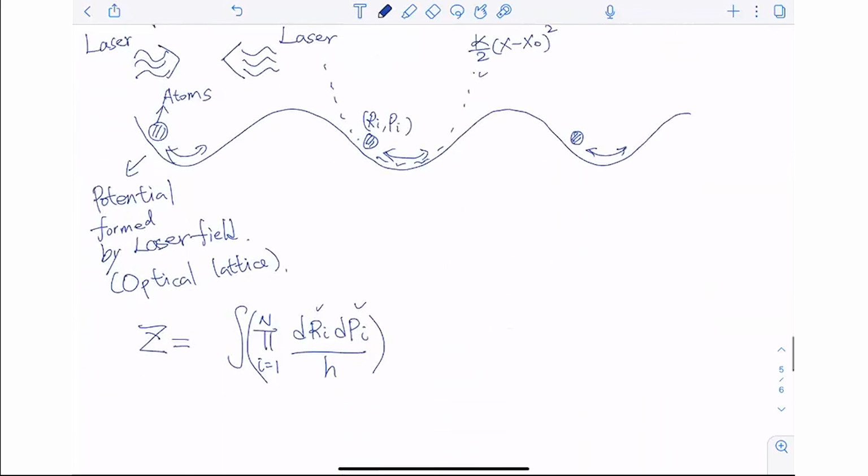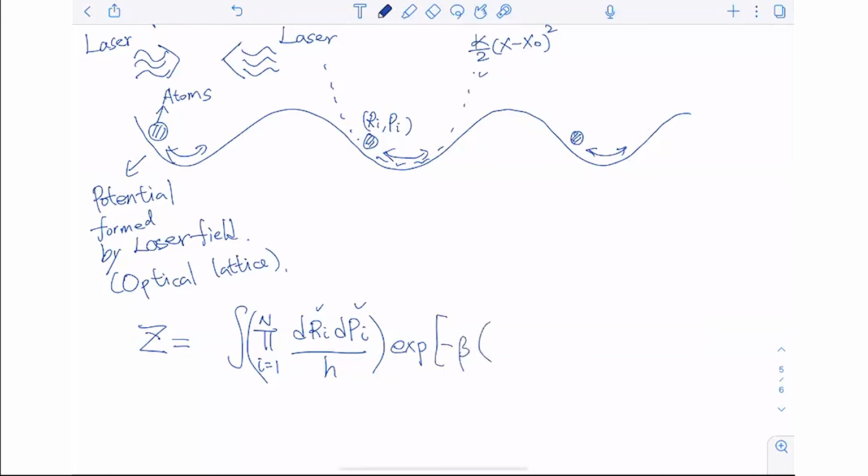Once we know the corresponding energy for the microscopic degrees of freedom, if we are considering the canonical ensemble, which means that the system is kept at a fixed temperature, then what we need to do is to write down the Boltzmann factor and sum over all these Boltzmann factors.